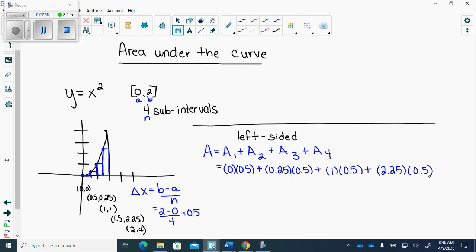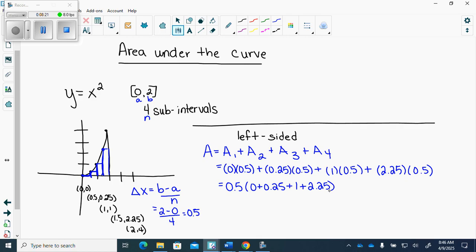Correct. So the faster way to write these, if you wanted to, what could I take out of all of these? 0.5. So I could technically go 0.5 times 0 plus 0.25 plus 1 plus 2.25, if I wanted to, correct? Because each of them has the same change in x, same width.